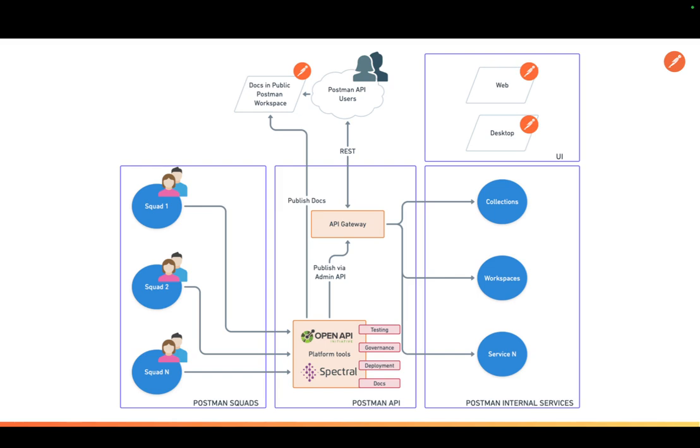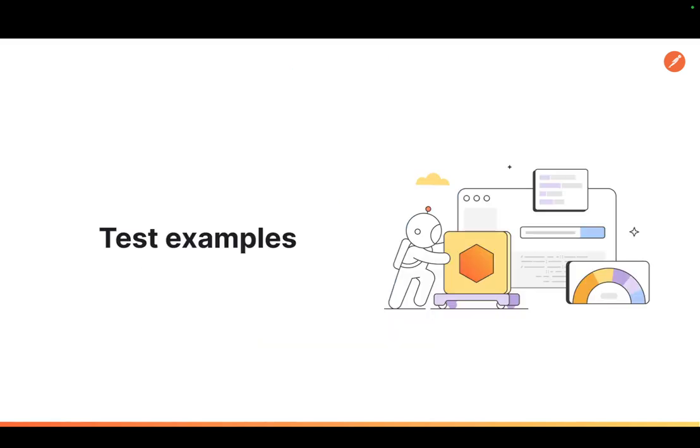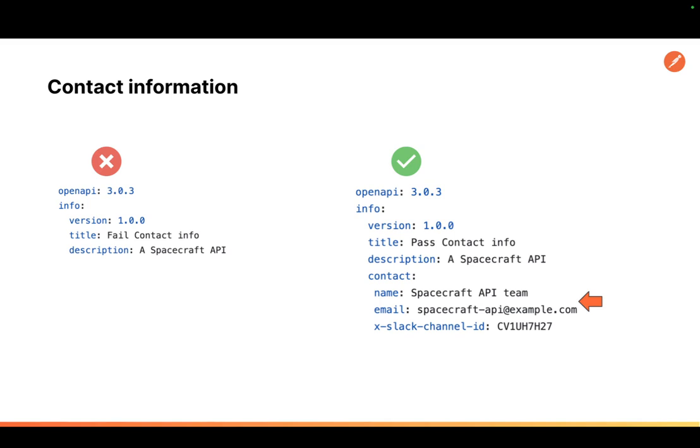Let's go have a look at what some of our rules look like. Contact information. We require that each OpenAPI description submitted has the name of the team that submitted the API, an email, and a Slack channel ID.